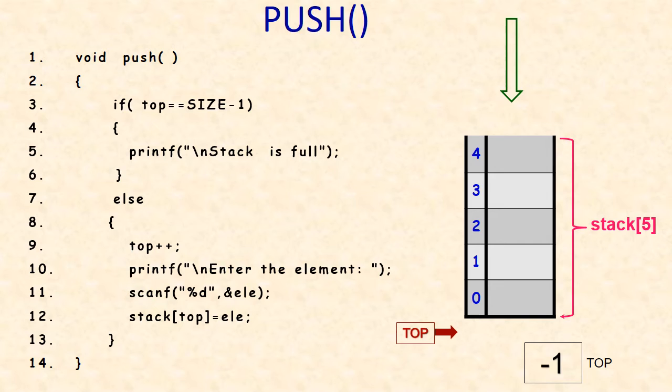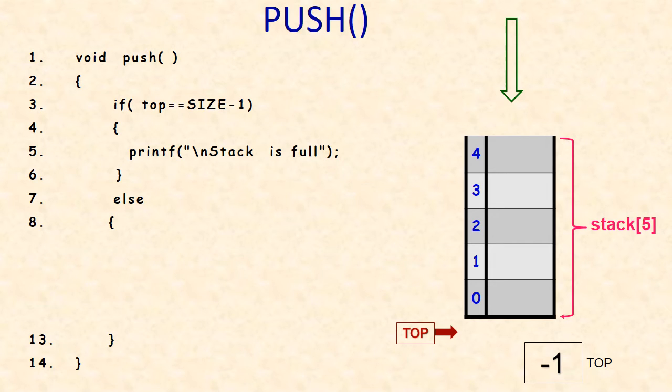Let us say 10 is the value you read, then assign that value to stack of top. Let me repeat the same. Increment the top, it will become 0 because initially it is -1. Then top points to the first index of the stack.